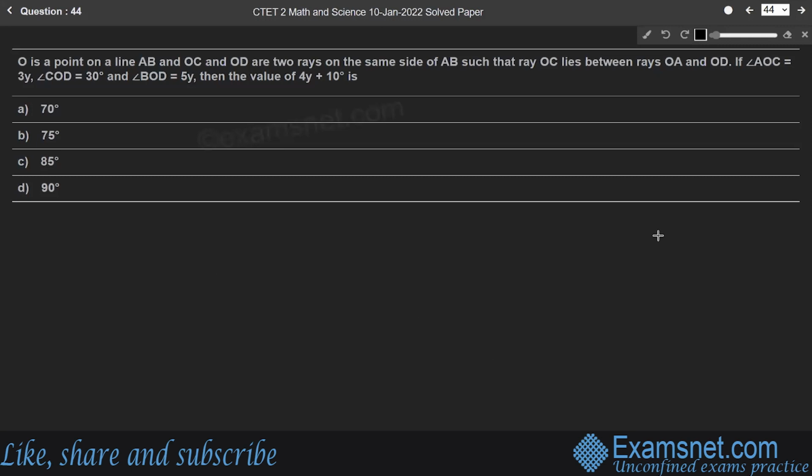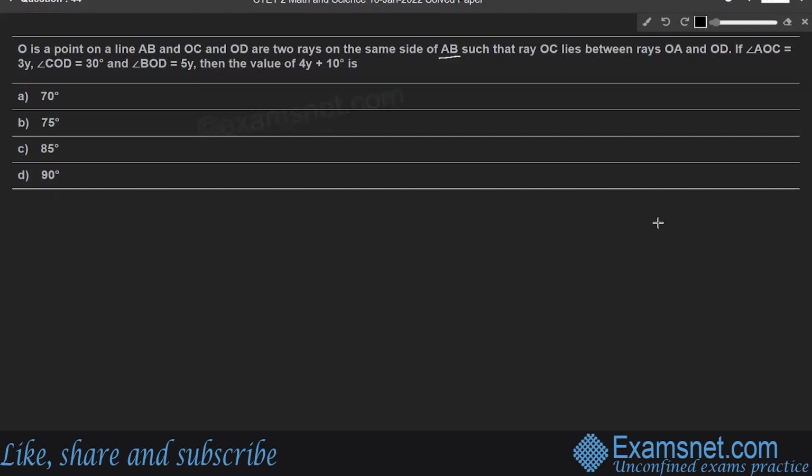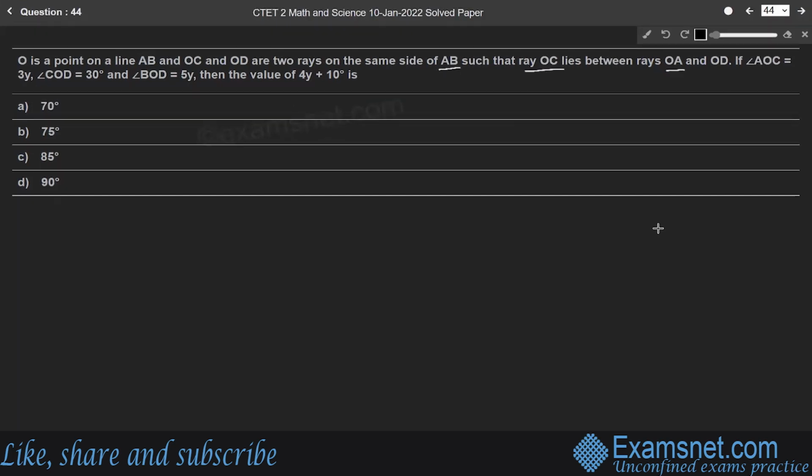Question 44. O is a point on a line AB and OC and OD are two rays on the same side of AB such that ray OC lies between OA and OD. If angle AOC is 3y, COD is 30 degrees and BOD is 5y, then the value of 4y plus 10 is. So let us draw a line AB.